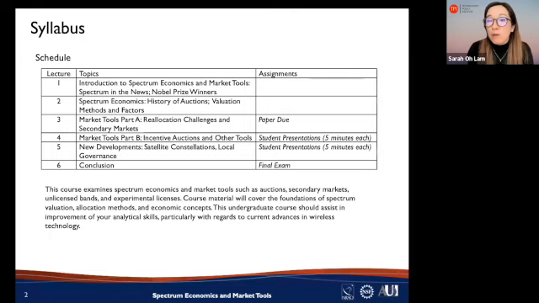We will also talk about secondary markets of licenses, incentive auctions, and other tools such as shared regimes, like in the CBRS band and the priority access licenses. Then we'll talk about new developments such as satellite constellations and local governance like private 5G networks. And then I'll conclude by just wrapping up the course material.